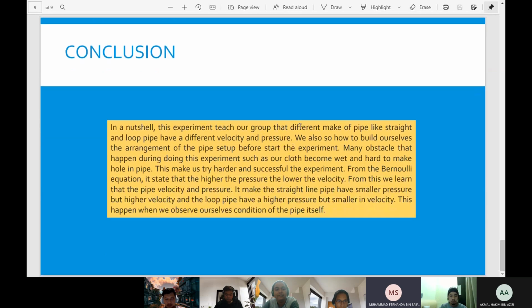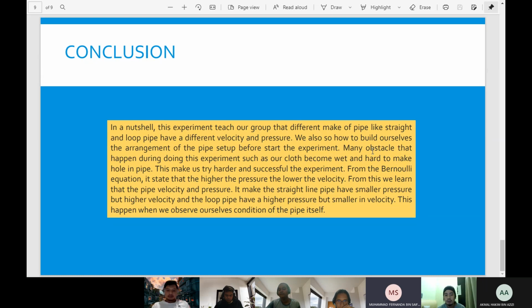So next, the conclusion. Okay, I'm going to continue with the conclusion. In a nutshell, this experiment taught our group that different kinds of pipe, like straight and loop pipe, have different velocity and pressure.